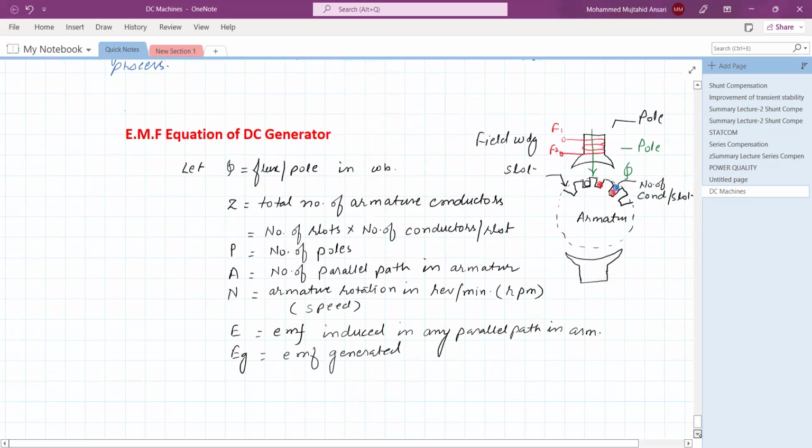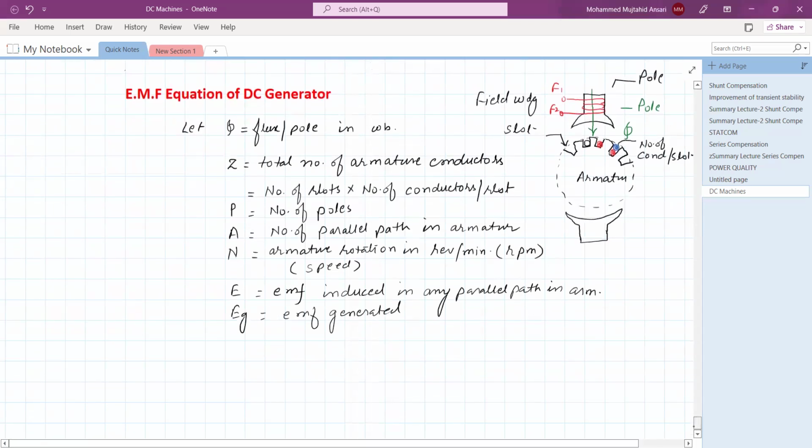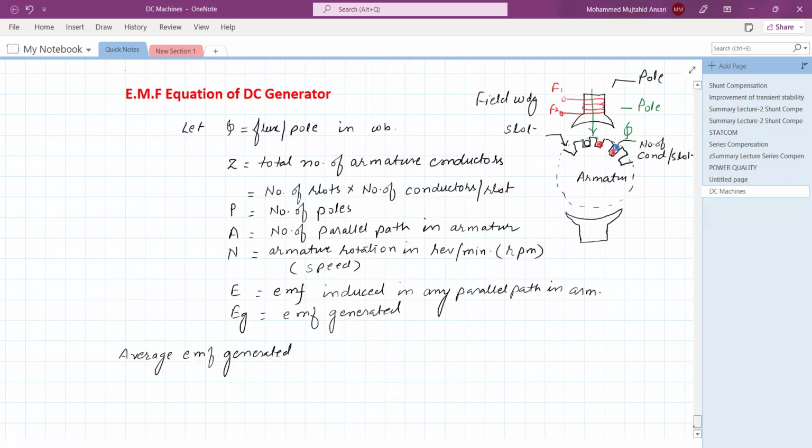Now, the average EMF generated per conductor is equal to d phi by dt. What is the meaning of d phi by dt?